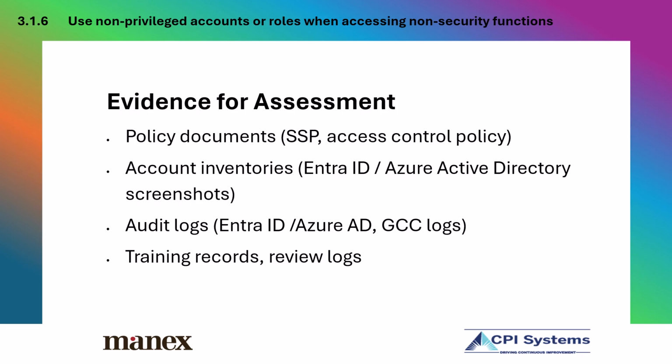Account inventories or screenshots from Active Directory or Entra ID within GCC, as well as log files showing proper administrative account usage. These are common artifacts. Assessors will also want to see staff training records that highlight users' understanding of these requirements.